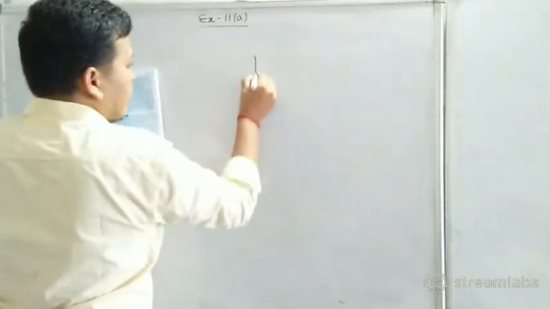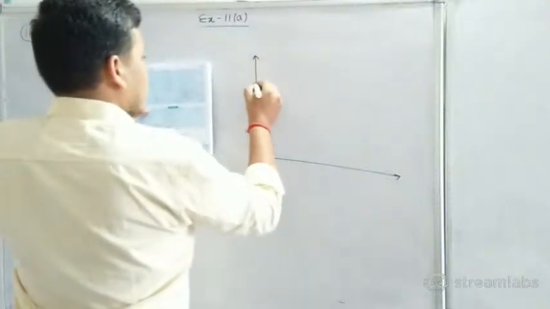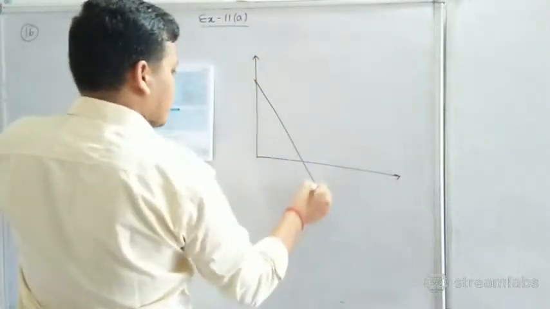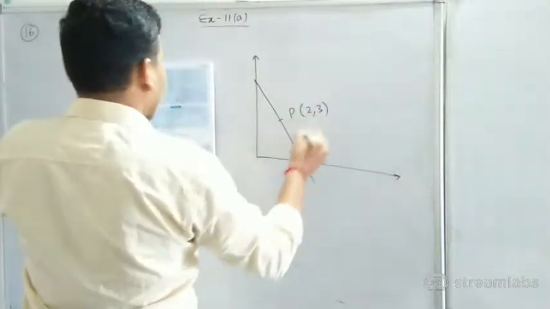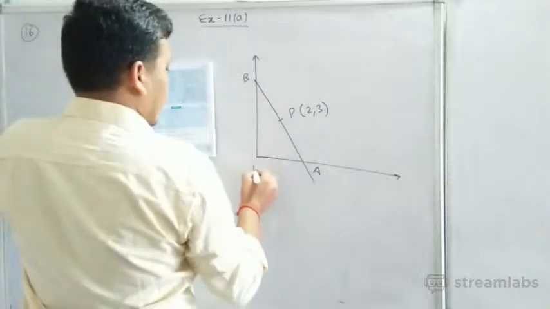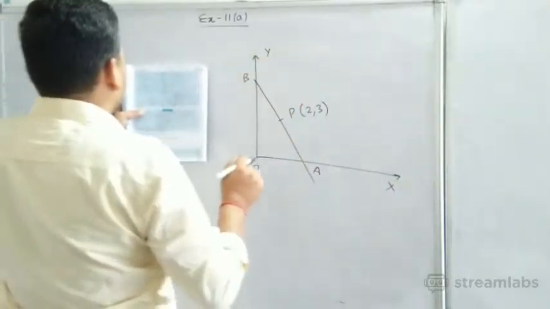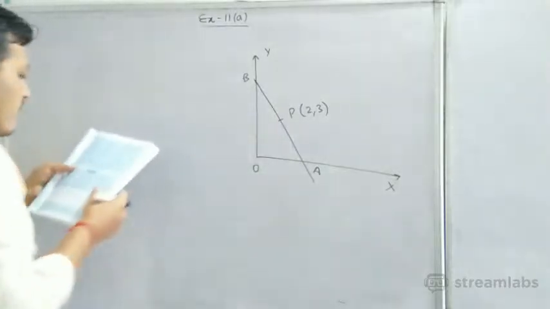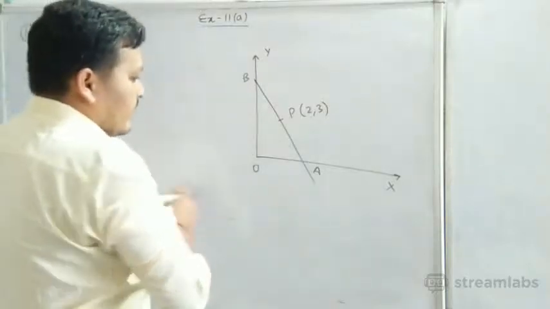Okay, the figure is given in our book. P is (2, 3). Here are the points A, O, the x-axis and the y-axis. P, whose coordinate is (2, 3), is the midpoint of line AB. Write down the coordinates of A and B.